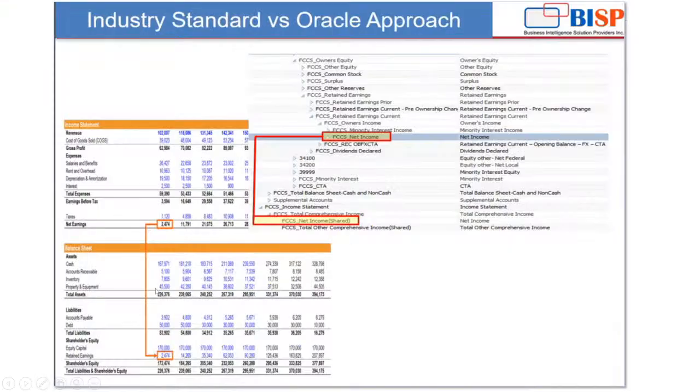So this on the left hand side is the traditional way we used to do it in Excel or ERP. On the right hand side is the extract from the application, how this hierarchy looks in the application and what the effect is.